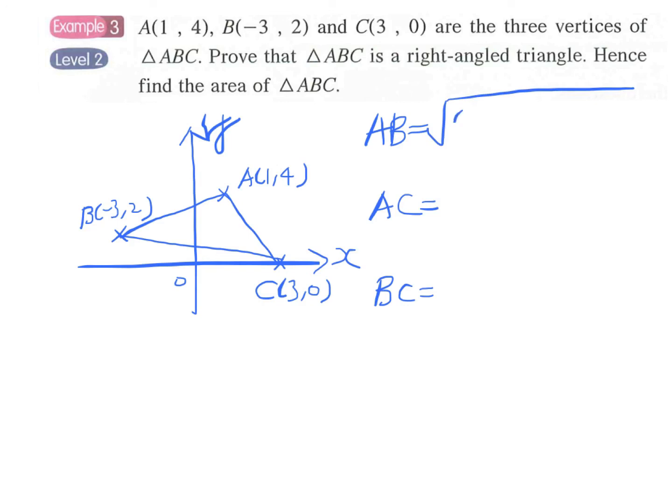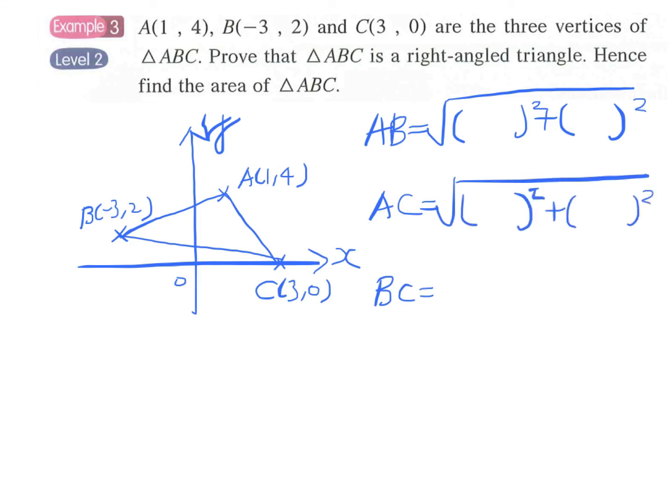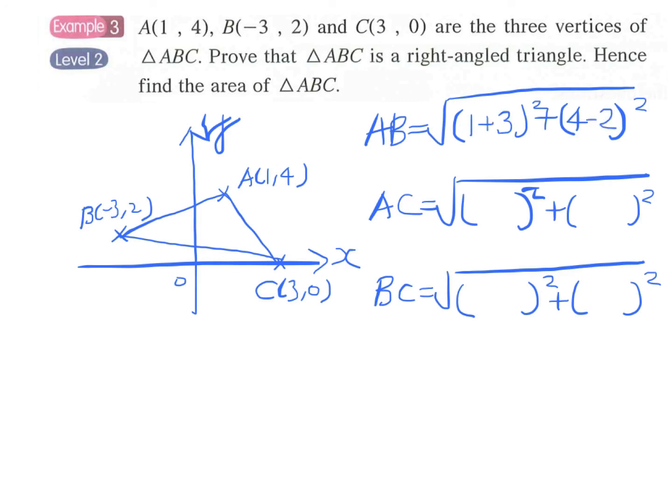Therefore AB, AC, and BC. And for AB, we can start with point A, that's (1, 4). And then for point B, we have 1 minus negative 3, that is plus 3... and then 4 minus 2. And for AC, again, we start with (1, 4).